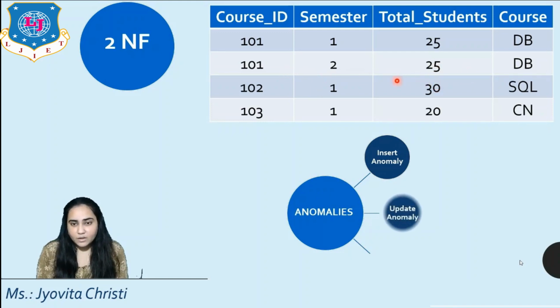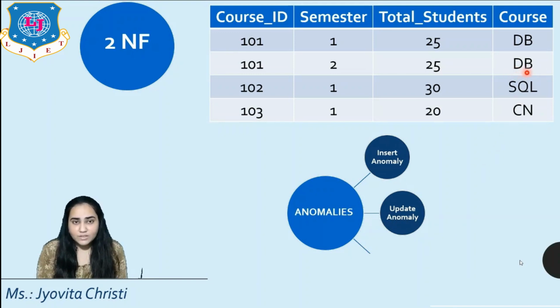The second anomaly is the update anomaly. Imagine that I want to change the name of a course from DB to DBMS because I find that more appropriate. So what would I be doing? Here there is only DB, and if I want to make it DBMS, then I have to make that change twice.